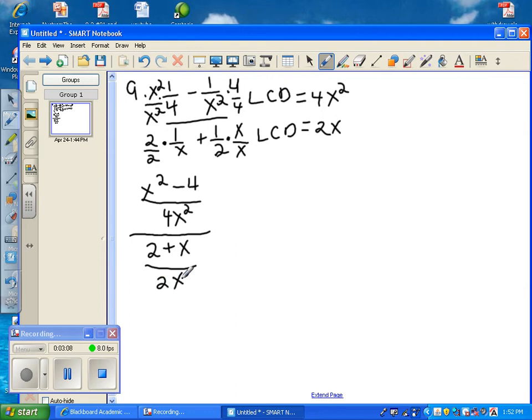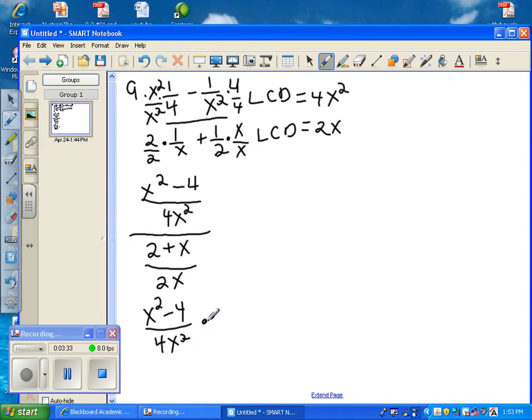Wow, it still looks like we've got an awful problem. But remember, the rule here is when you are trying to divide a fraction by a fraction, what's the rule? We flip and multiply. So I'm going to write my first or top fraction there, x squared minus 4 over 4x squared.